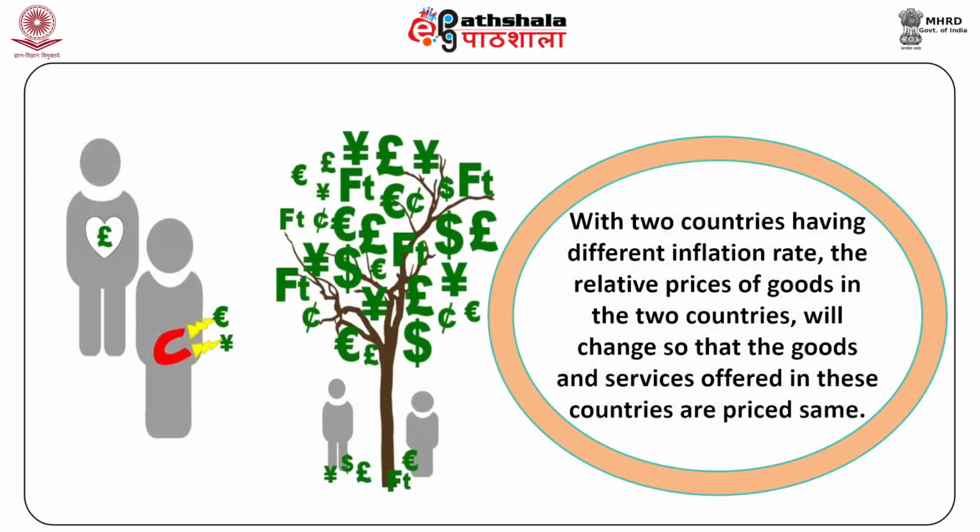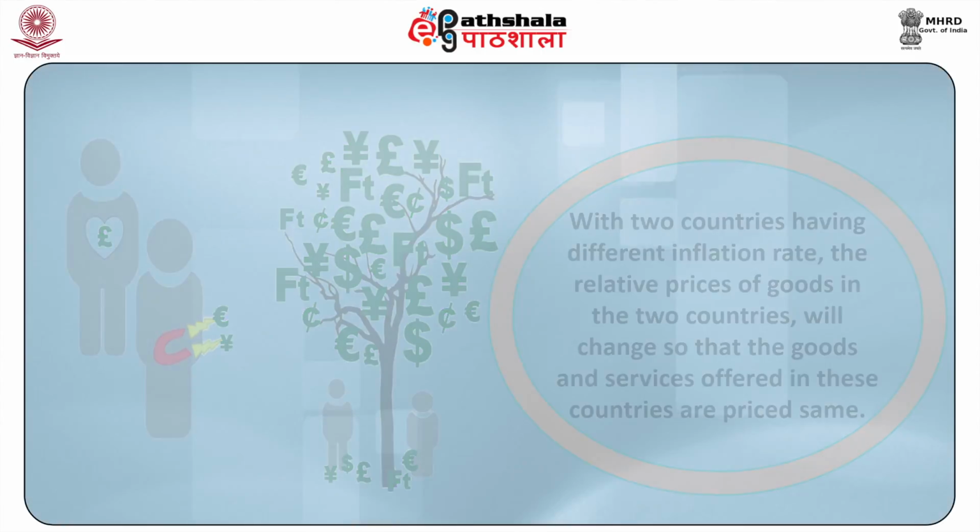With two countries having different inflation rates, the relative prices of goods in the two countries will change so that the goods and services offered in these countries are priced the same.